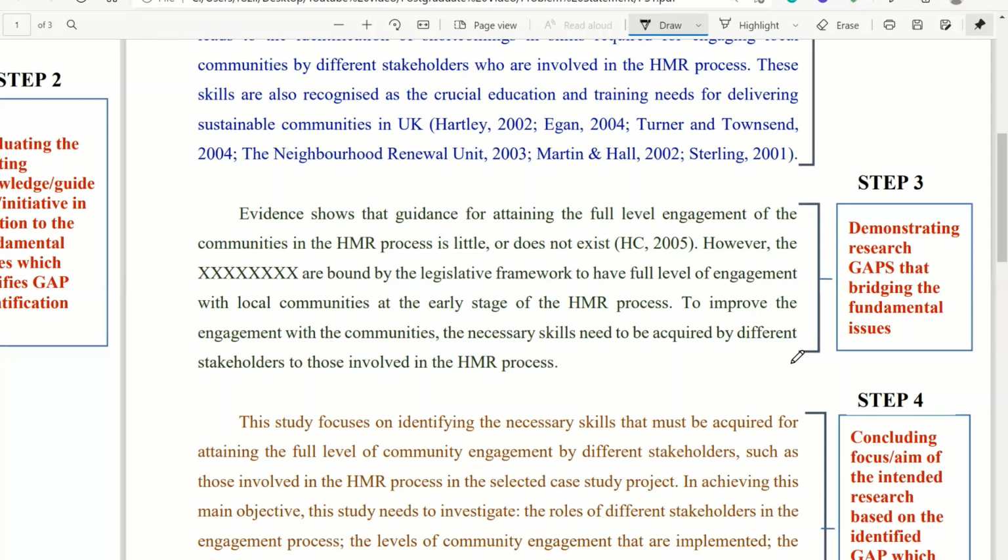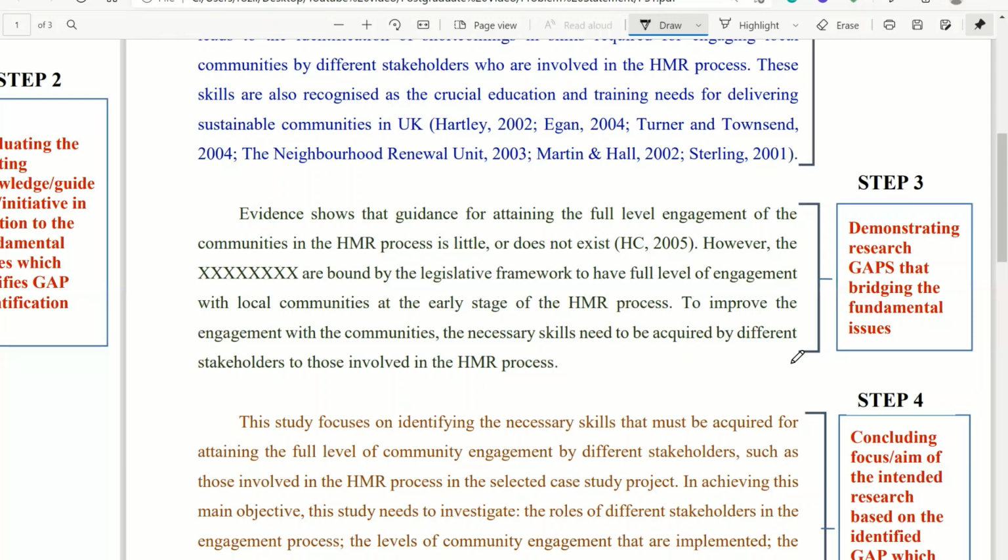All right. So evidence shows that guidance for attaining the full level of engagement of the community in the housing market renewal process is little or does not exist. So the researchers make a conclusion based on this source.